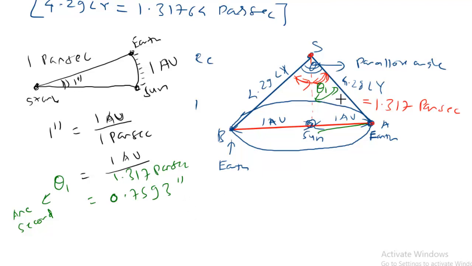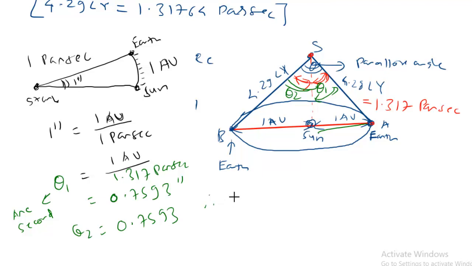So theta 1 will be 0.7593 arc second. Theta 2 is the parallax angle from position B, and this will be equal to the same angle, 0.7593.